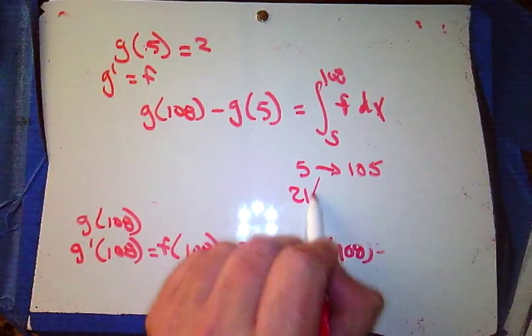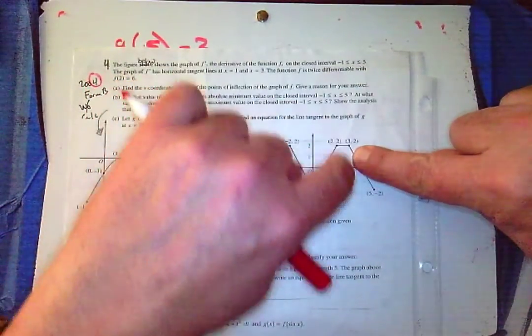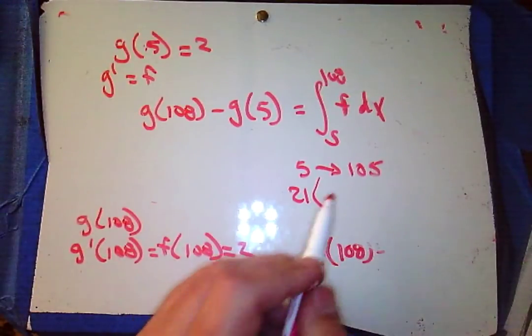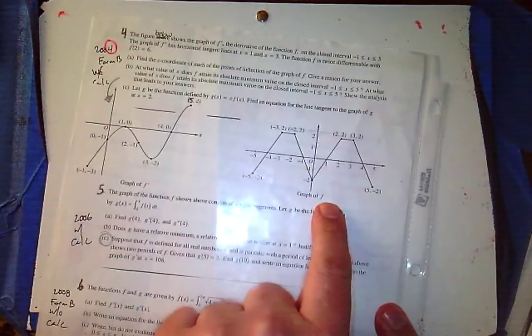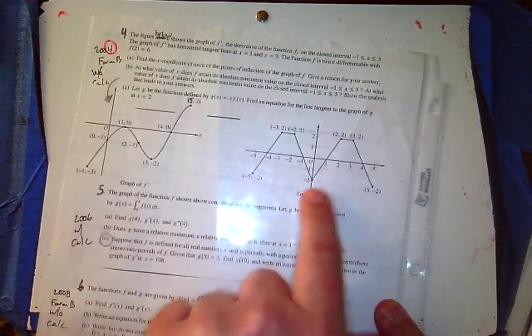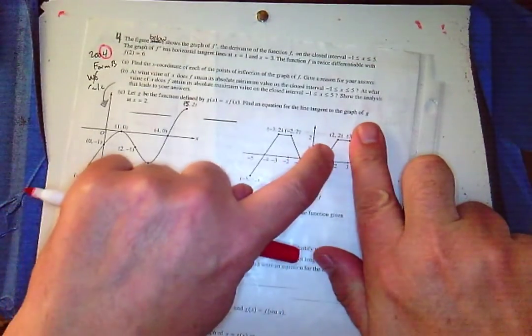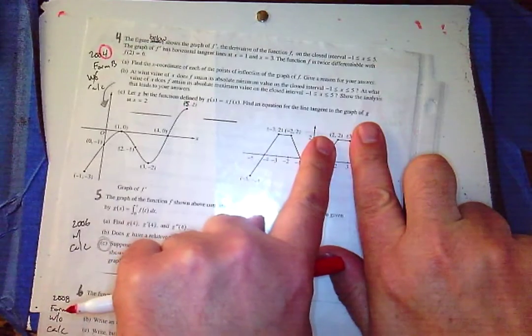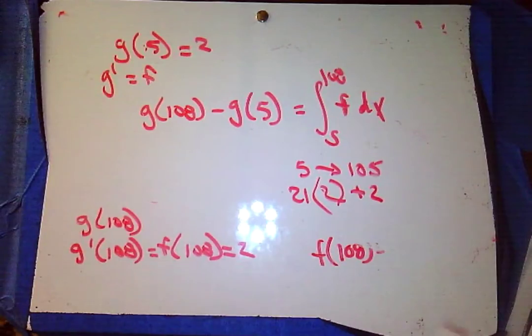What was the area when we took out these negative bits with these positive bits? We were left with an area of 2. So I have 21 times 2 plus, that only gets me through 21 complete cycles. Then I want to go 1, 2, 3 more. So what's the integral from 0 to 3? This negative and this positive cancel each other out, and I have another 2, plus 2. And so I get 44 here.